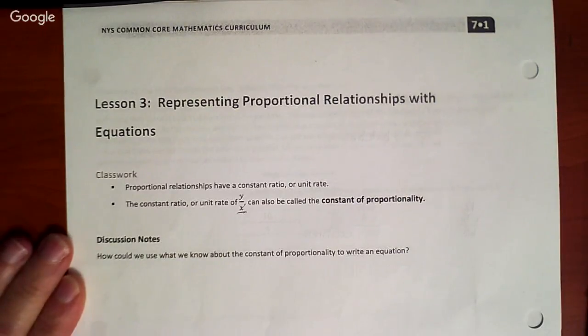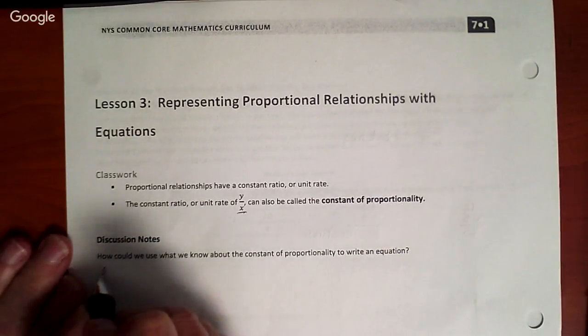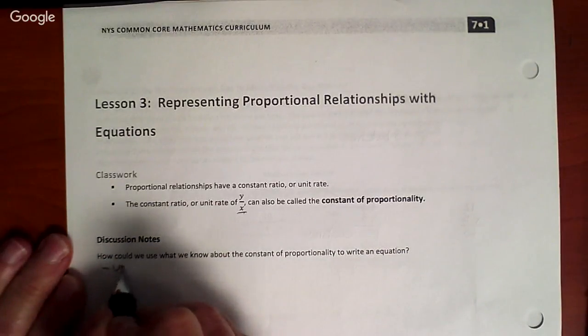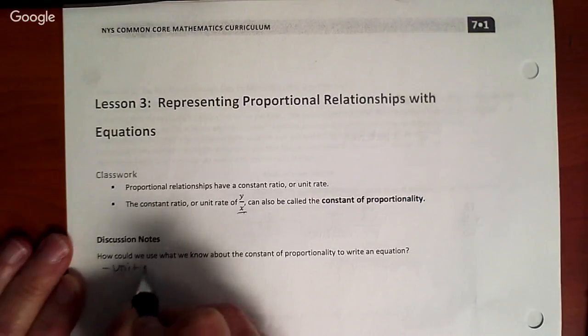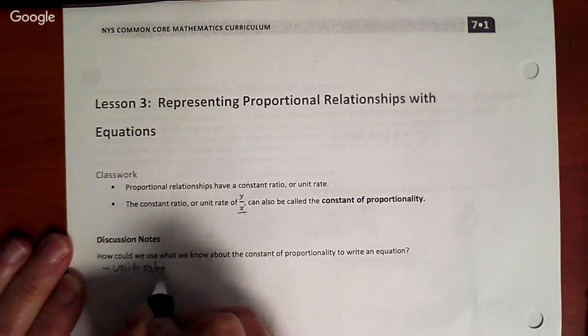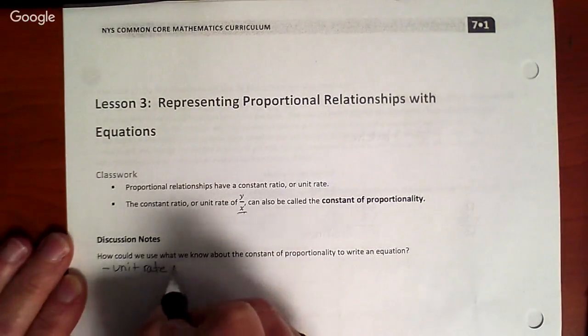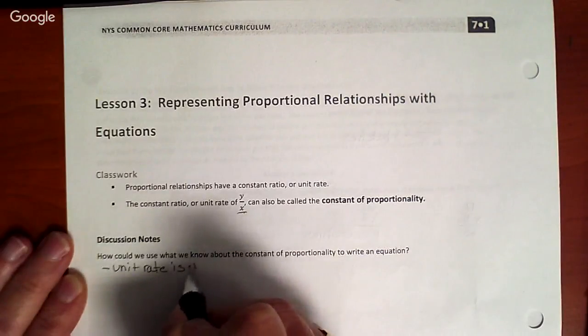Well, three things. One, the unit rate is the constant of proportionality.